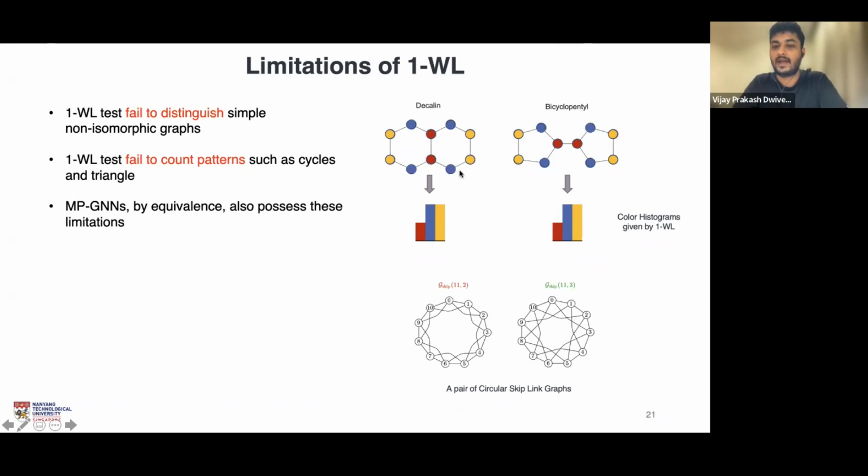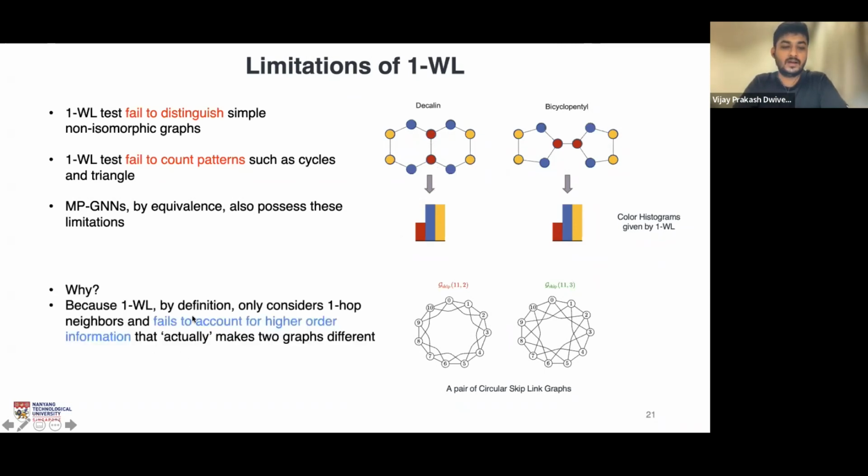And why is that? Because by definition, 1WL and also message passing GNNs fail to consider any higher order graph information. Visually, we see that these two are different from a global perspective, but 1WL and message passing GNNs only focus on aggregating local information.